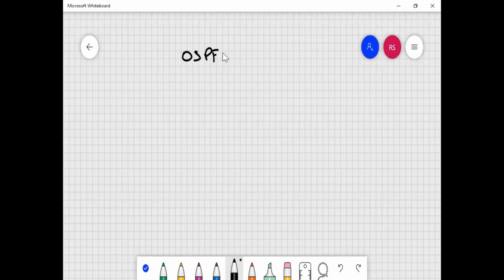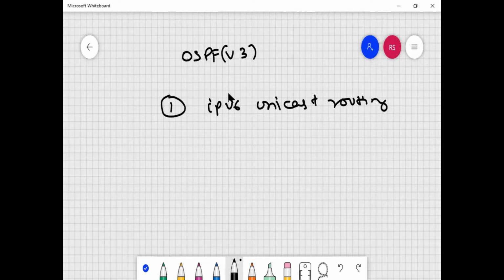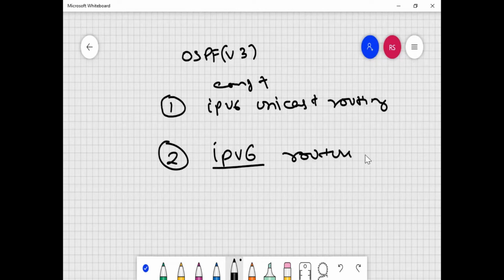So when you need to configure OSPF version 3, first thing, for any of the routing protocols, you need to enable IPv6 unicast routing in the config mode. Second thing, you need to configure the OSPF. So just add IPv6 and the rest is the same, router OSPF 1.